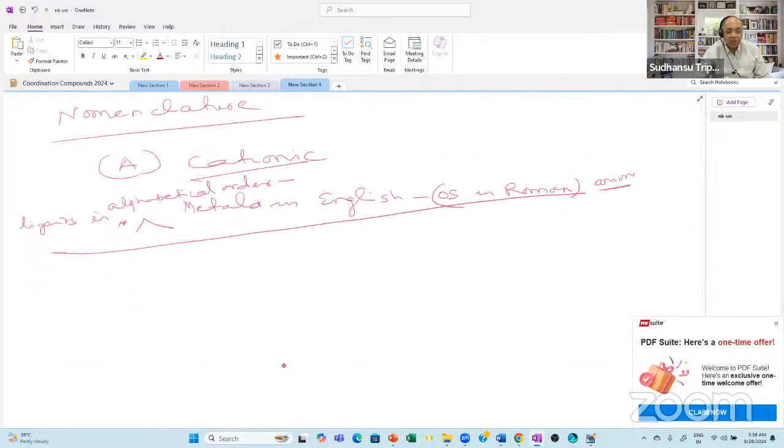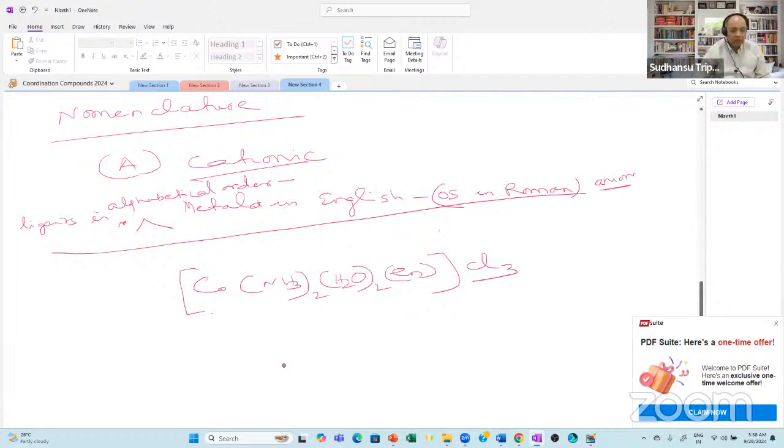Supposing I ask you to write down this. Now you have to tell me two things, oxidation state and coordination number, before you name.